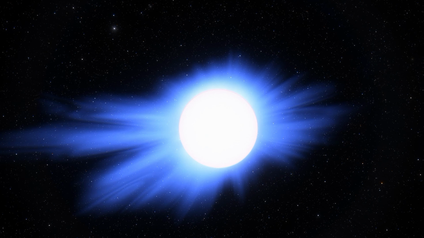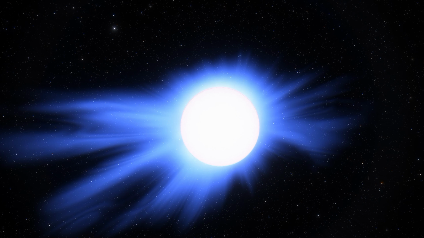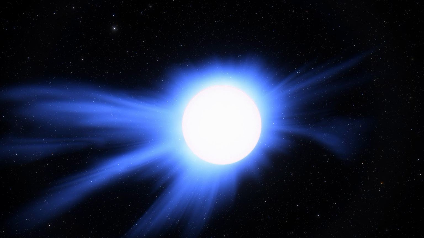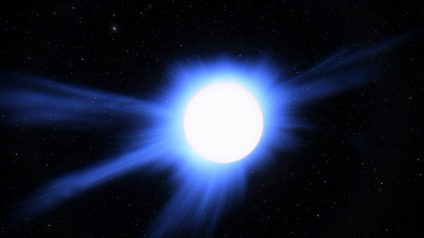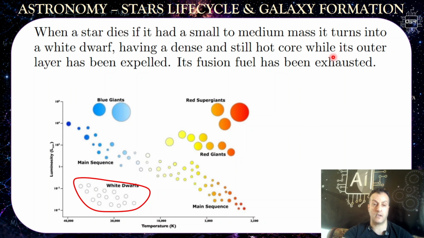They are no longer fusing and emitting such brightness. Now the heavier materials of the core are still fusing until the white dwarf reaches a final black dwarf state where it becomes cold and no reaction is taking place anymore.